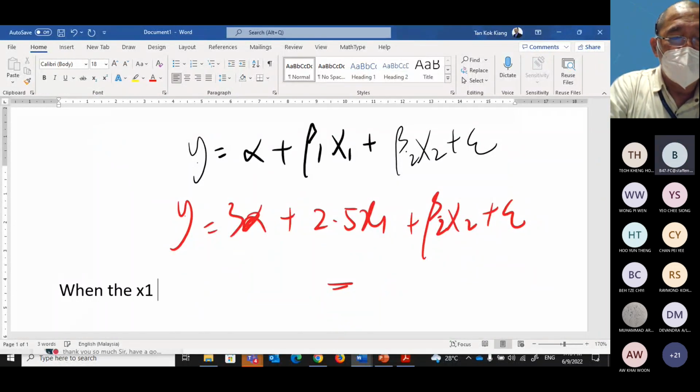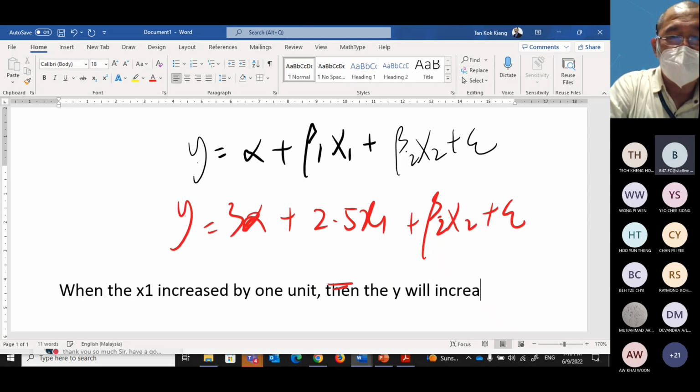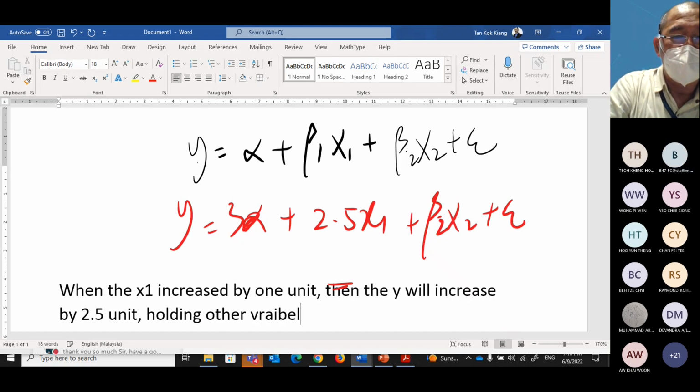When x1 increases by 1 unit, then y will increase by 2.5 units, holding the other variables constant.